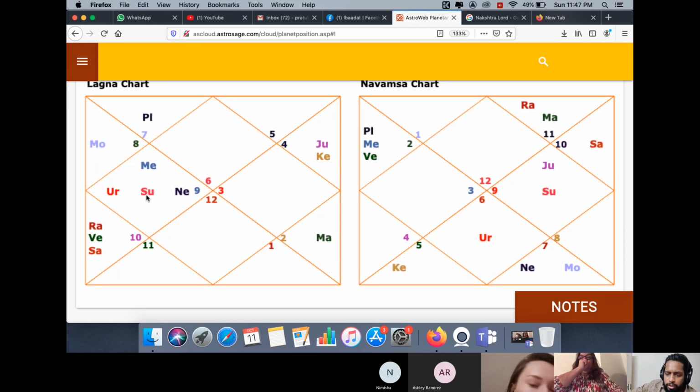And Sun always puts you in the position of administration. So the profile must be related either with entrepreneurship, operations, managing the administration, or the itinerary.